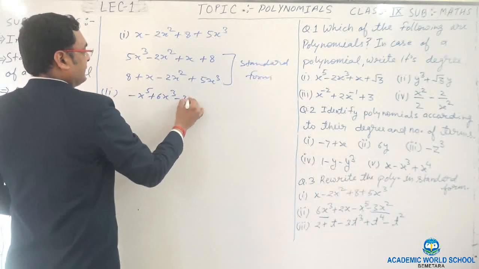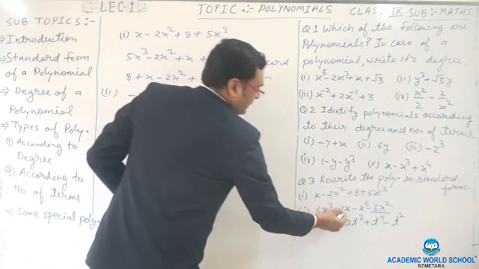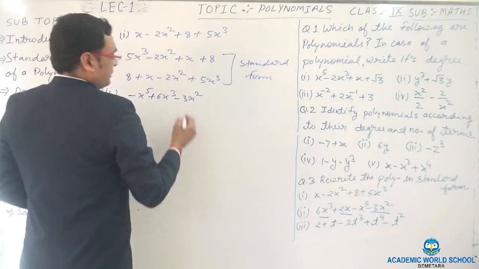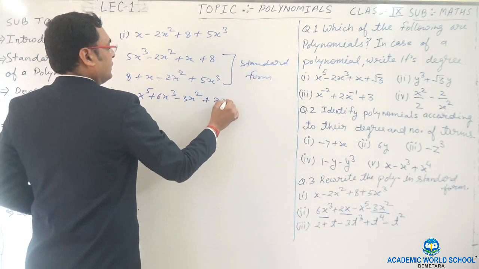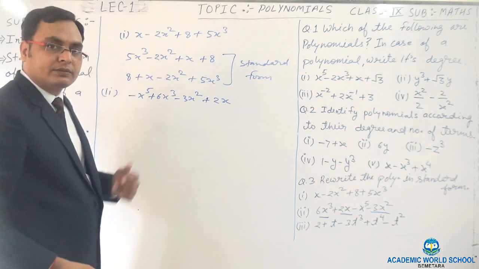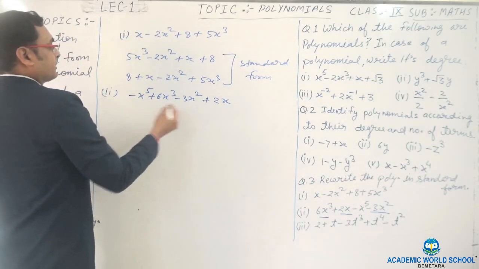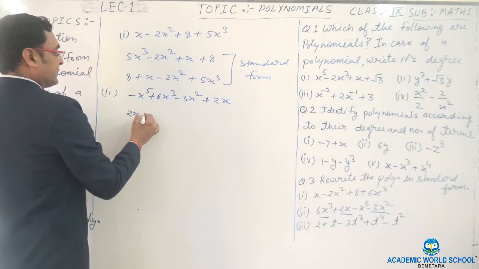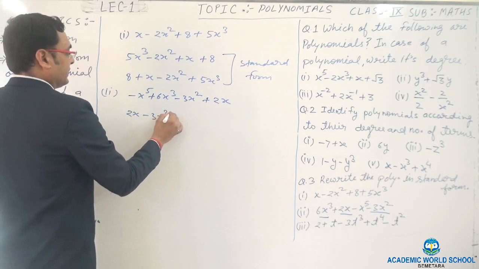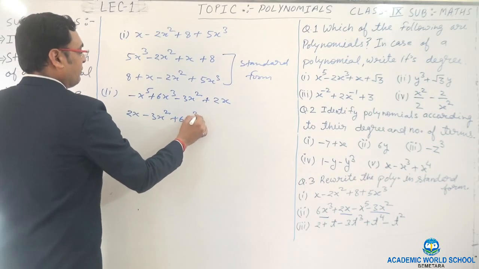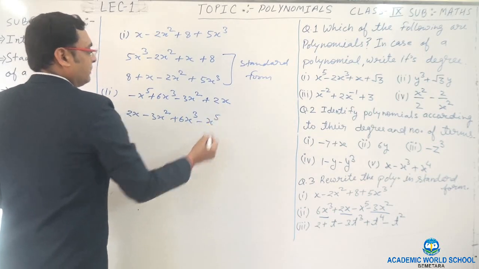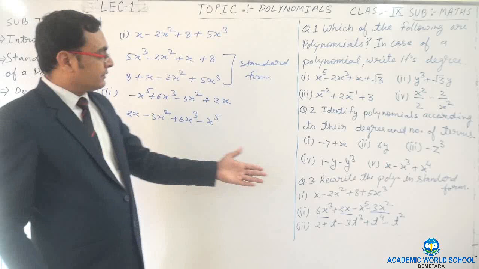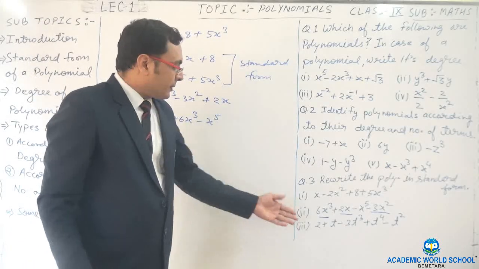And then plus 2x. This is in standard form. We can write its reverse also in increasing order of the powers. So 2x minus 3x square plus 6x cube minus x to the power 5. These both are the standard forms of this polynomial.